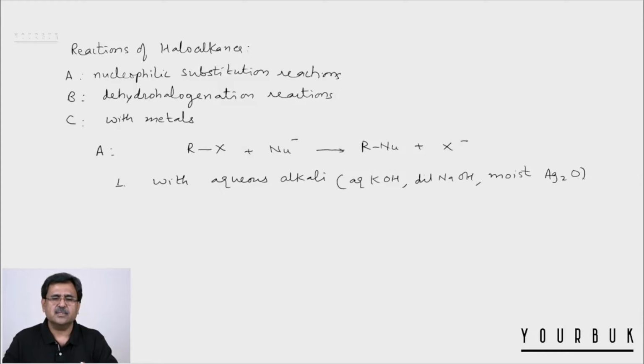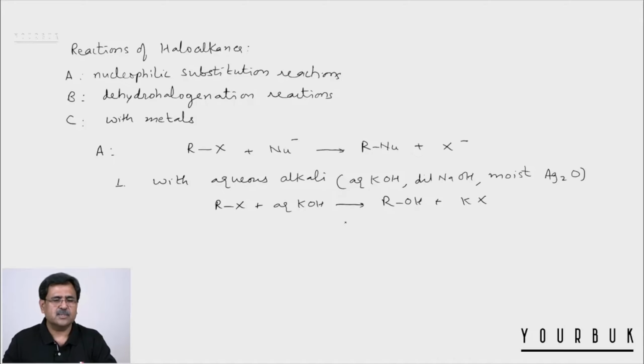All these reagents provide OH negative ion, and this OH negative can displace X negative of haloalkanes like this. So I am writing aqueous KOH. It forms ROH plus KX.